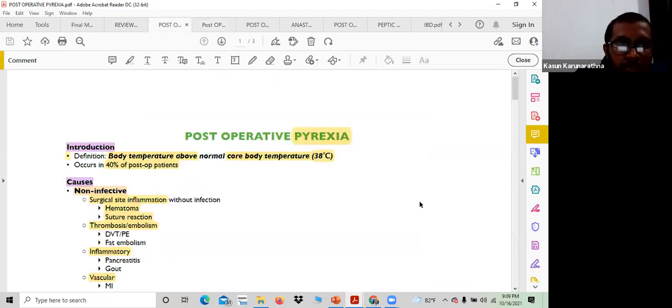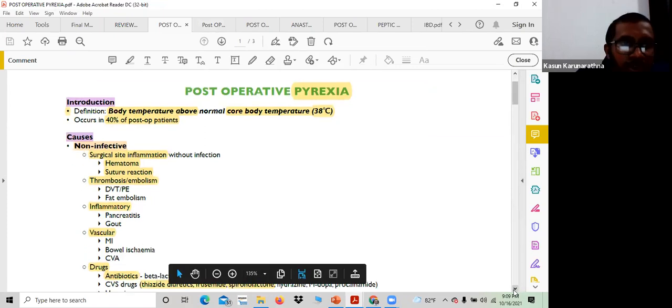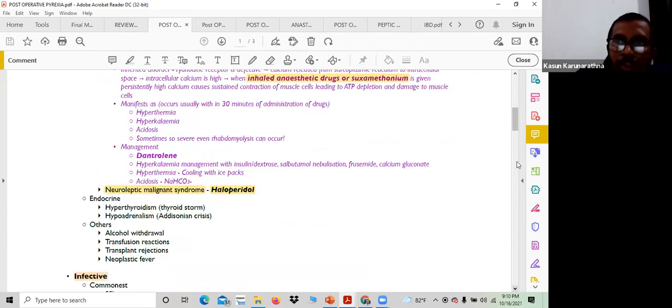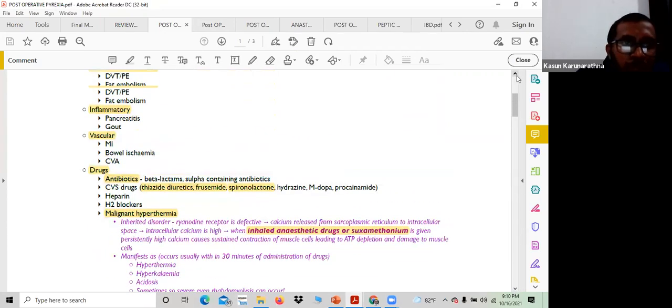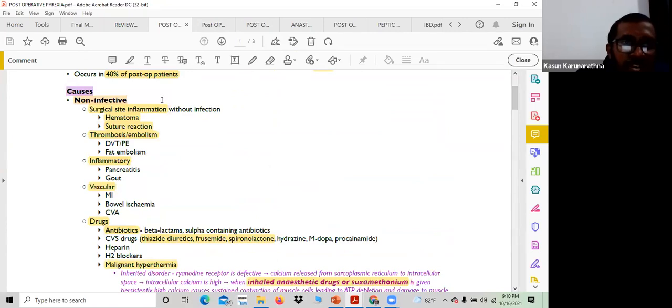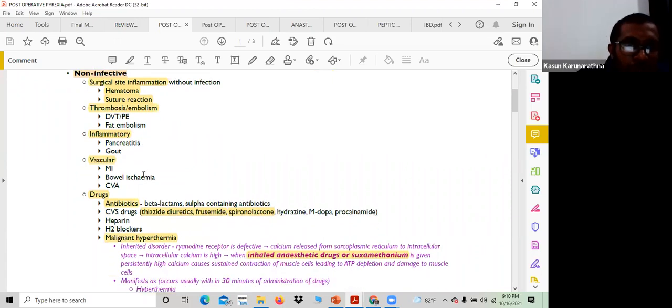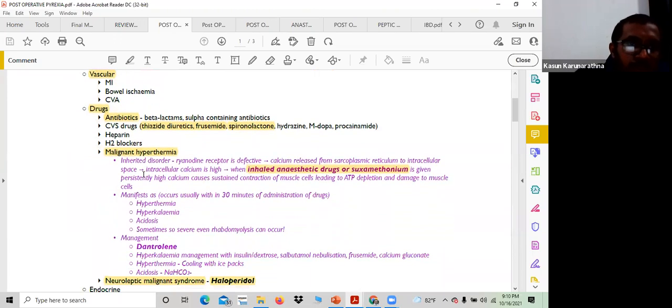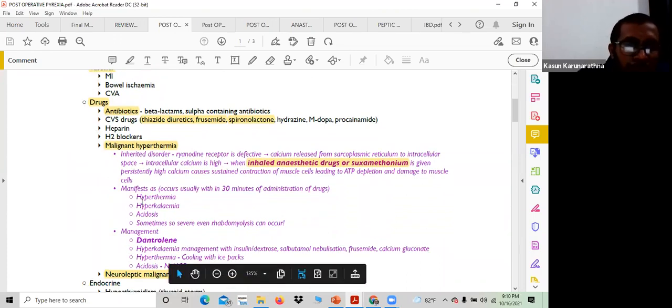Regarding post-operative pyrexia, post-op fever, there are non-infective and infective causes. Mainly non-infective causes for post-op fever are surgical site inflammation without infection, such as hematoma and suture reactions, then DVT, fat embolism, inflammatory causes like gout and pancreatitis, then MI, bowel ischemia, and drugs. There's malignant hyperthermia, as you may have heard, due to anesthesia drugs.